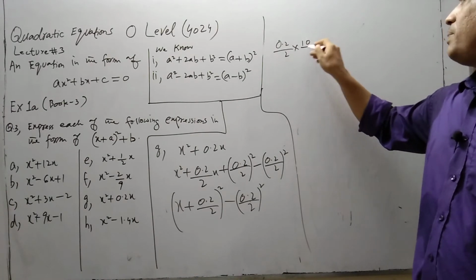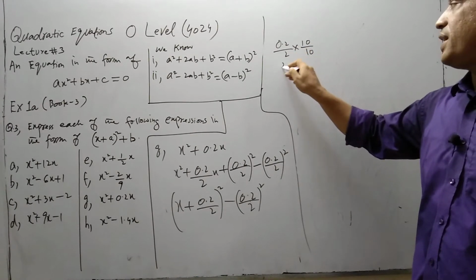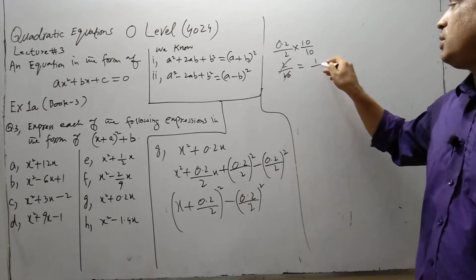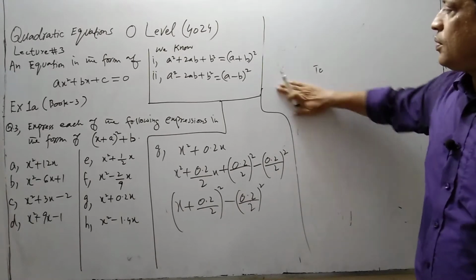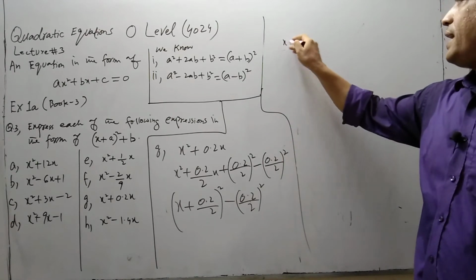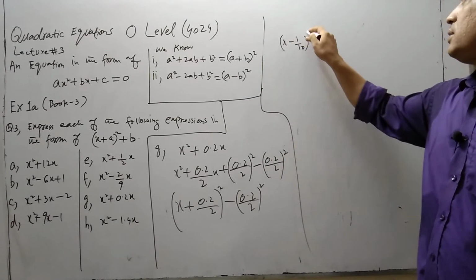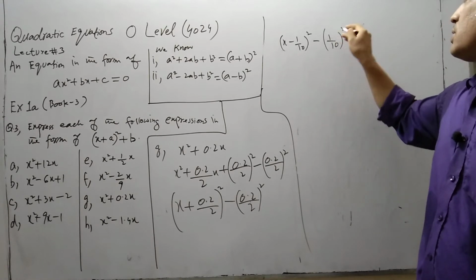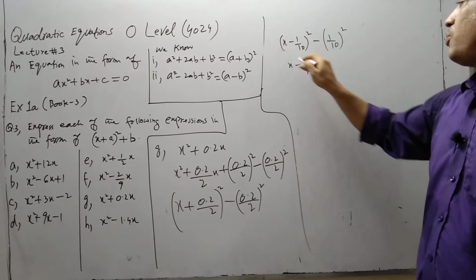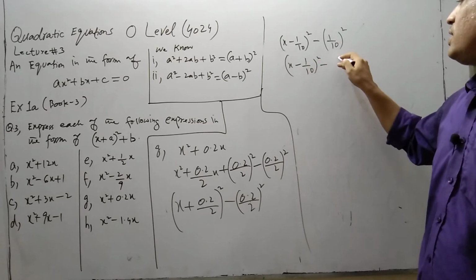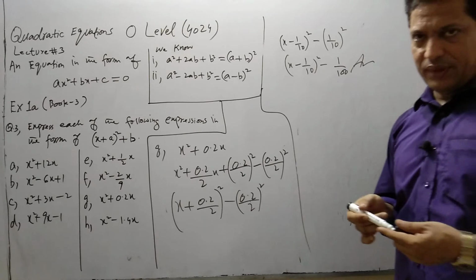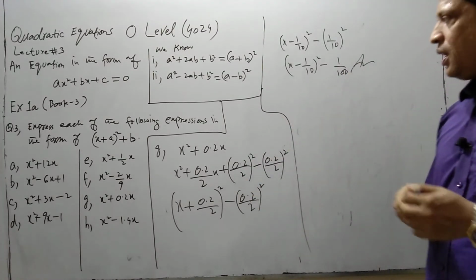If we multiply by 10 and divide by 10, we get 2 upon 20, that is 1 upon 10. So our answer is x plus 1 upon 10 square minus 1 upon 10 square. 1 square is 1, 10 square is 100. This is much better to write in this form.